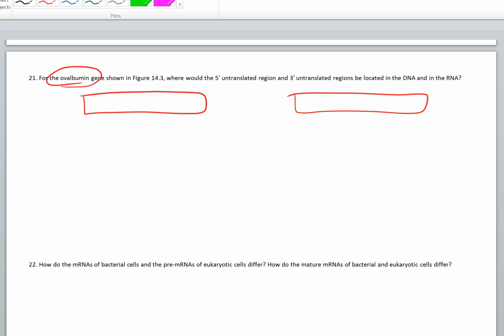So there's an exon here, 2, 3, 4, 5, 6, 7, and then kind of 8. Each of these is a little bit bigger than this. So these are the exons of the gene.